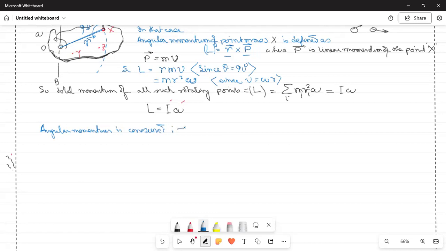This is called the principle of conservation of angular momentum, and earlier it was the principle of conservation of linear momentum. It works in the same way.